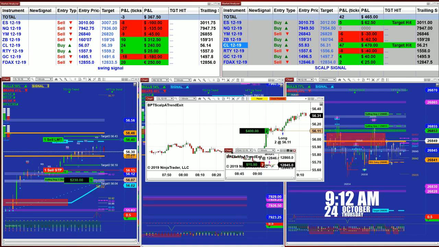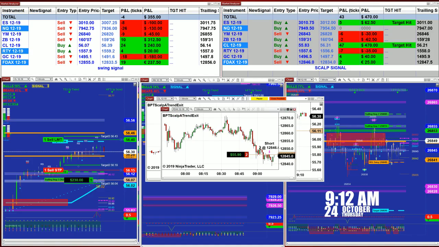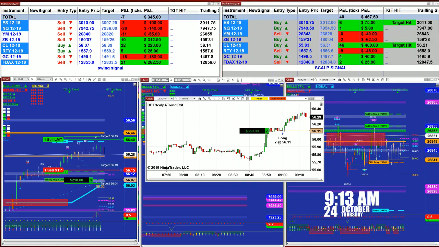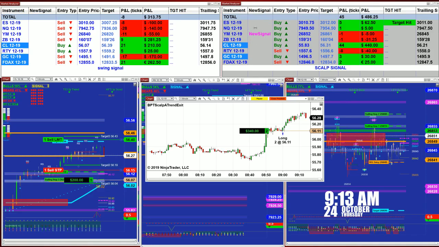We have the DAX that just took a trade, and it doesn't make sense the way this market is moving at the moment. So we'll wait. And you can follow the scalpers if you want to, it's up to you.